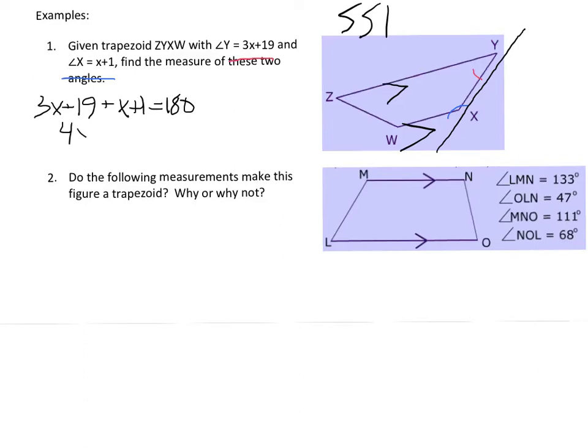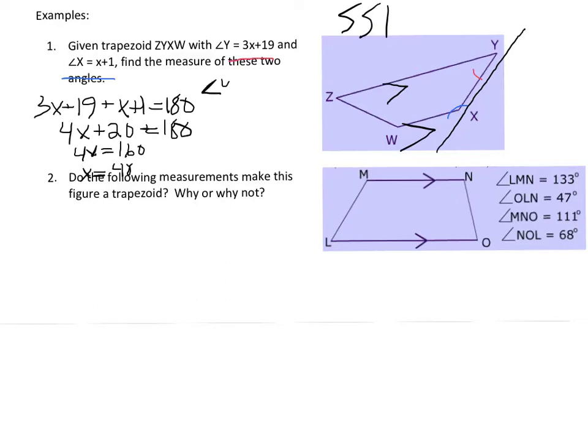Go ahead and do some algebra and combine like terms: 4x plus 20 equals 180 degrees. 4x equals 160 because I subtract 20 from both sides. Then x equals 40. But I always want to go back and make sure, is that what I'm looking for? I actually want to find the measure of the two angles, so I need to plug x back into the equations.